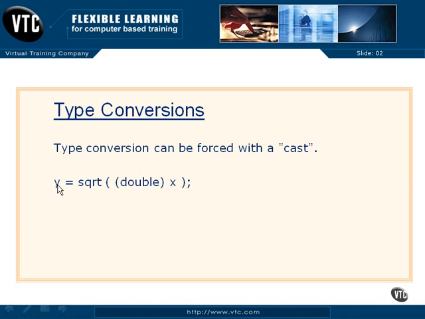Now, if y is not a double, the result will be demoted into whatever y happens to be. So if y is a character or something like that, we're going to lose information because we're going to take the square root of x, and it's going to probably not be a whole value. Of course it could be, but if it's not, and it gets stuffed into a small type over here, then we could lose information.